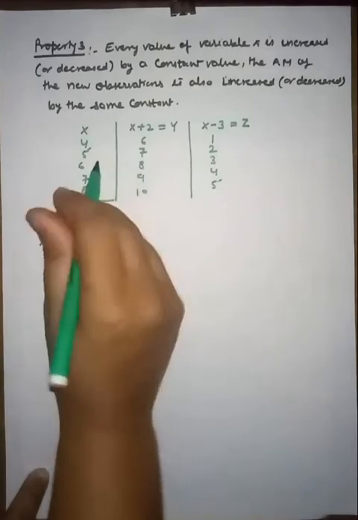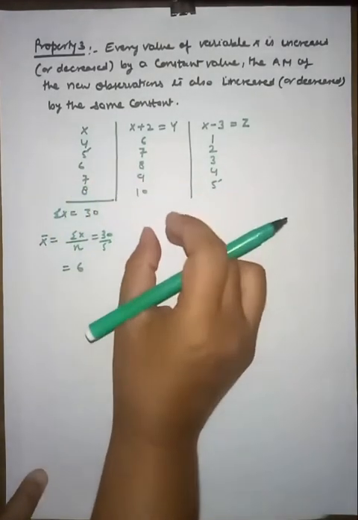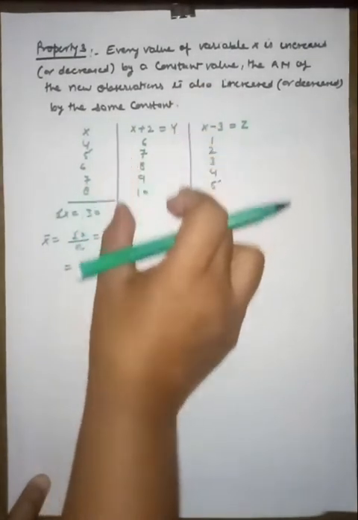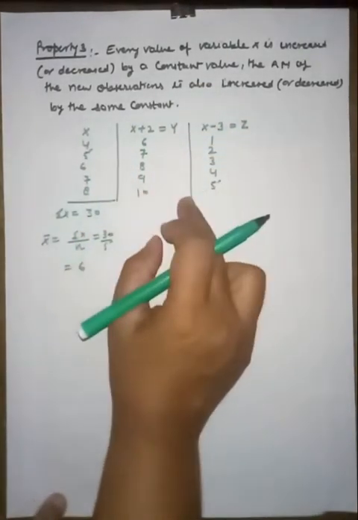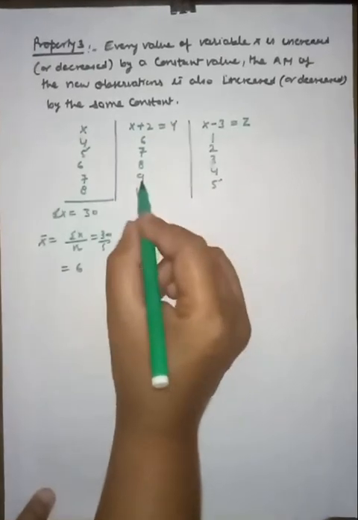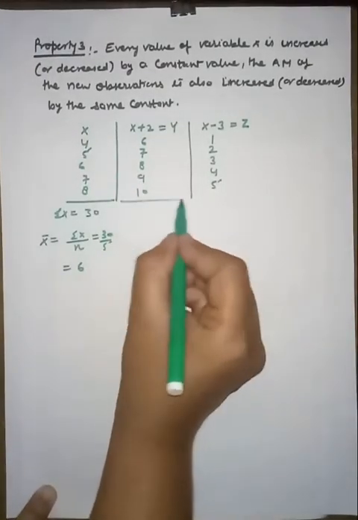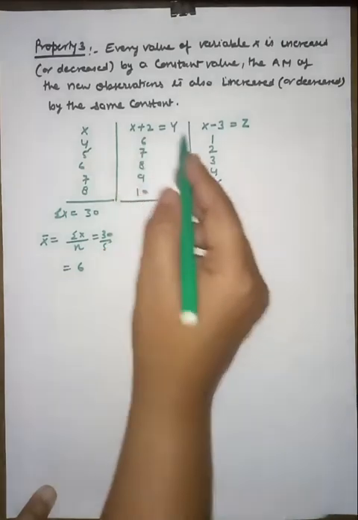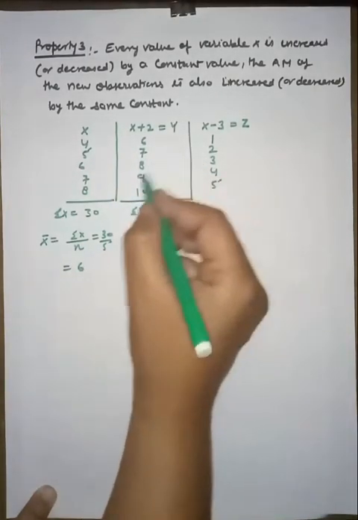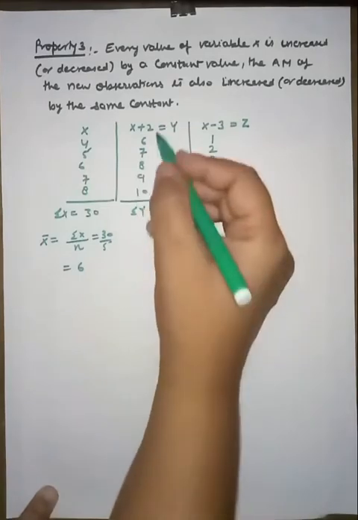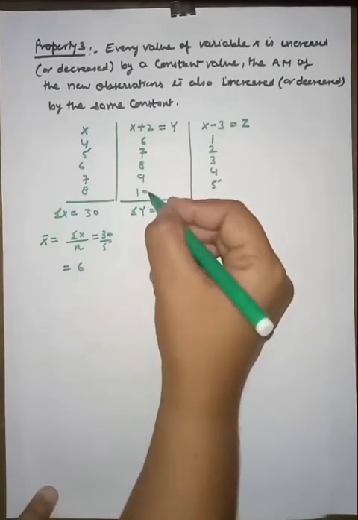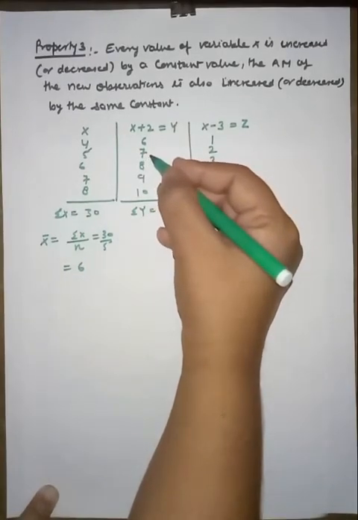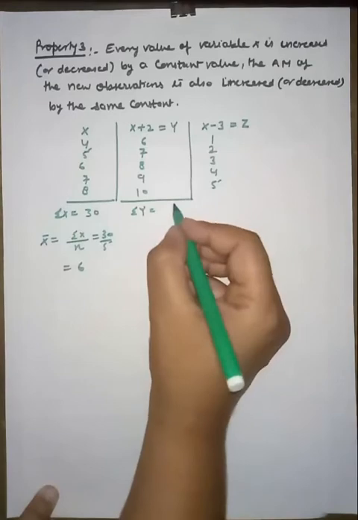Now if the observations are increased by 2, this is the new observation table. Now find the arithmetic mean of this column. Summation of y comes to 40.